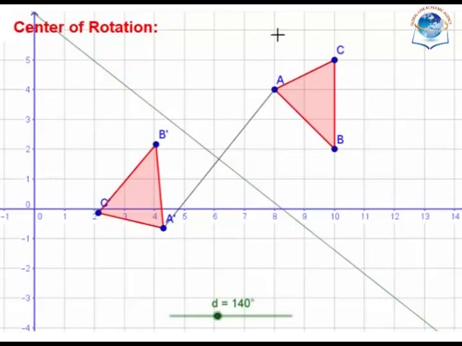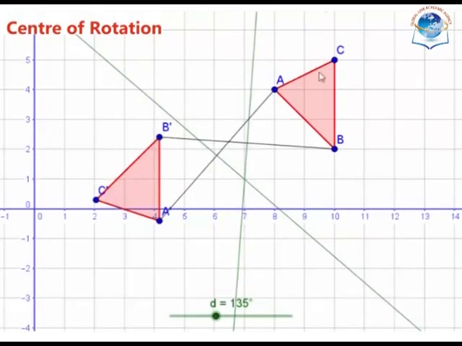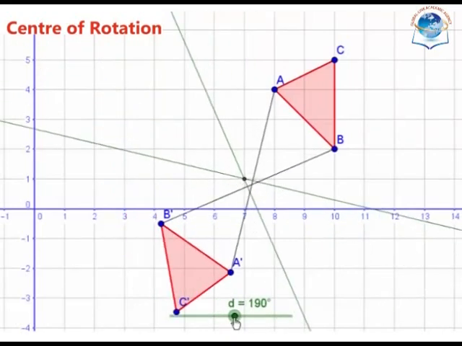We do the same for one other pair, like B and B prime. Find the perpendicular bisector, and where the two bisectors meet is the center of rotation. In this case, it is at (7,1). And you see, if you rotate the shape, that point doesn't move. I love this part.